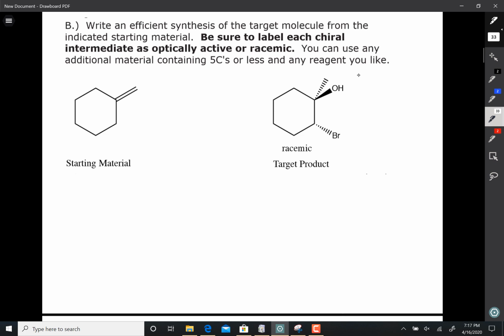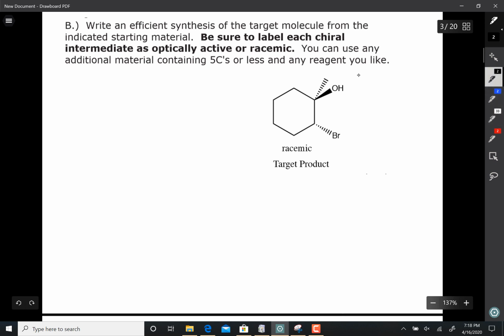Well, there's two ways of approaching this. You can either start at the beginning, the starting material, and go forwards. And I suggest you only do that if you see an easy way of going from A to B. If you don't see an easy way of going from A to B, I suggest that you forget about the starting material and just focus on the product itself.